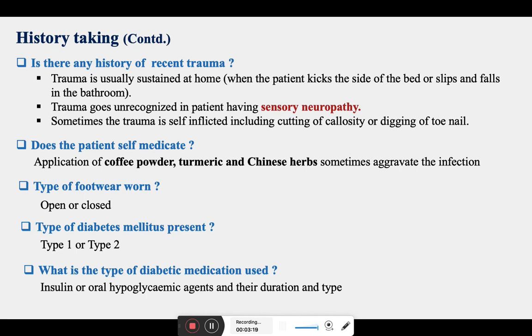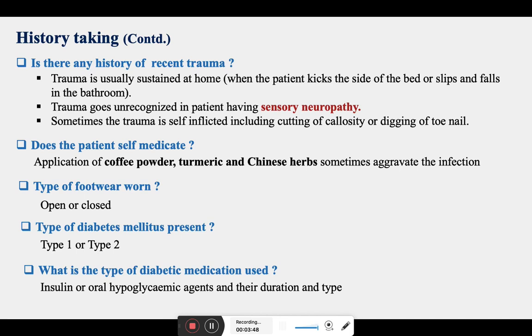Secondly, sometimes when a patient sees a callosity on the feet, what does the patient do? He takes a blade or scissors and tries to cut it. So it's better to educate patients not to do this, because cutting a small callosity can lead to infection and diabetic foot ulceration.